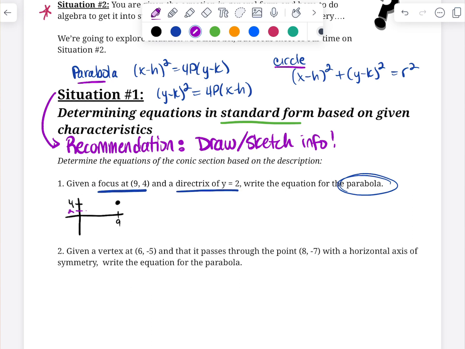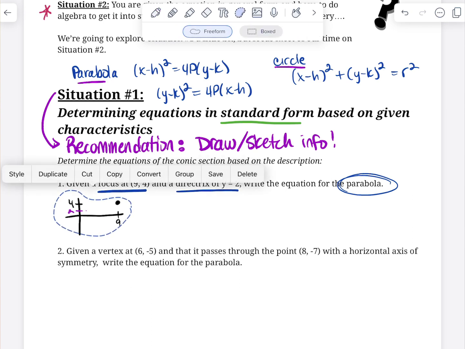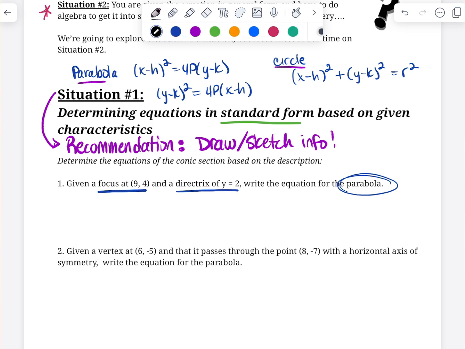Just to make this a little bit easier for you guys to see, I'm going to do this. So this is 9 and this is 4. And then I've got a directrix at y equals 2. All right. So it says here that I'm supposed to write an equation for a parabola.